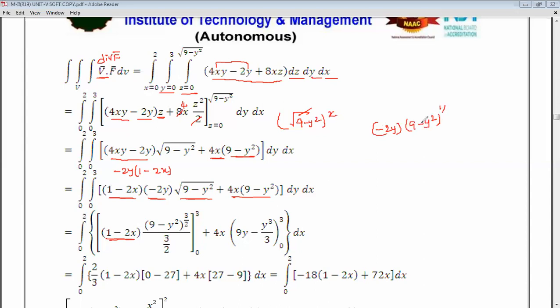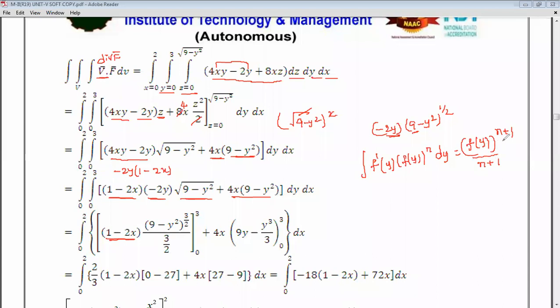We have the formula: integral f dash of y into f of y whole power n dy. Is this in that form? The derivative of 9 is 0 and of y square is 2y. So we apply f of y whole power n plus 1 by n plus 1.